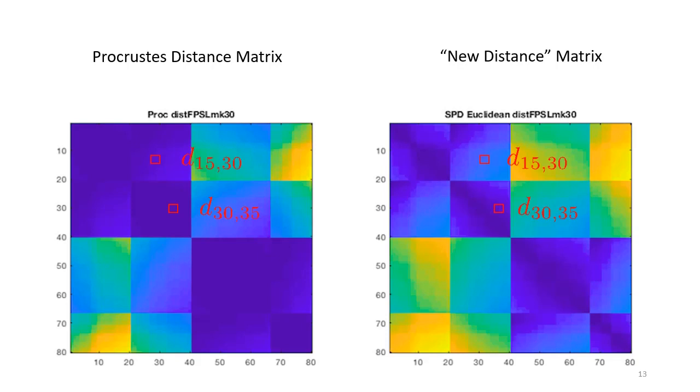The first 40 shapes are all in deep blue or purple, I cannot really tell, so you can see the distances within these clusters are all small.